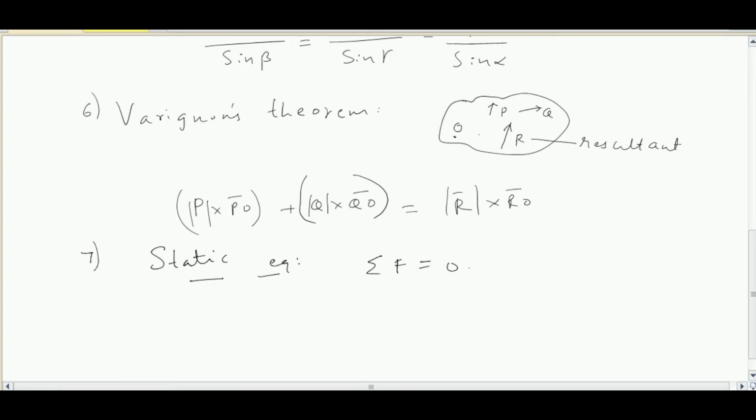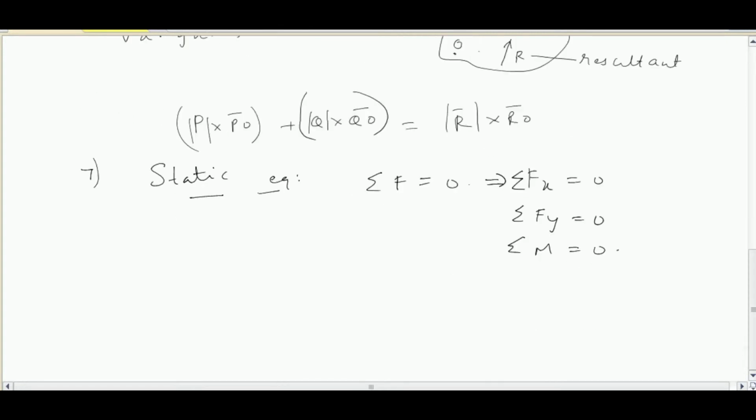If the body is in static condition, the sum of all the forces should be zero. So in x direction sigma Fx is equal to 0, in y direction sigma Fy is equal to 0, and in z direction sigma Fz is equal to 0. If the body is in dynamic condition, sigma F is equal to ma, according to Newton's second law.